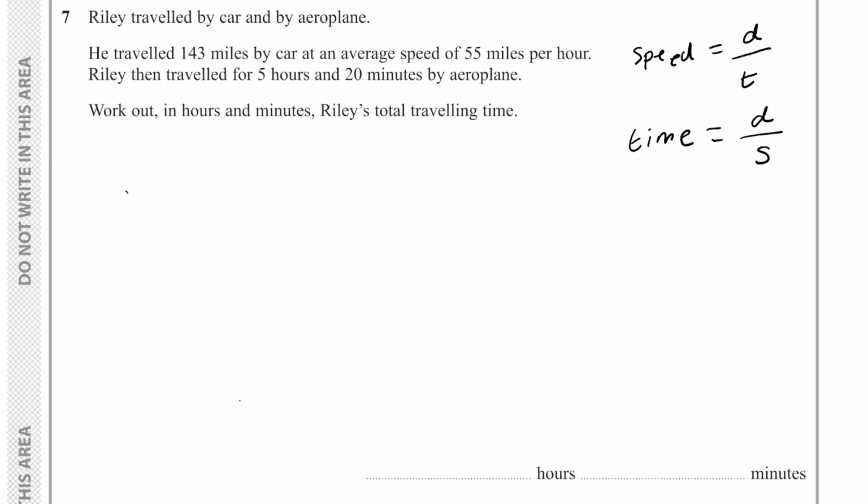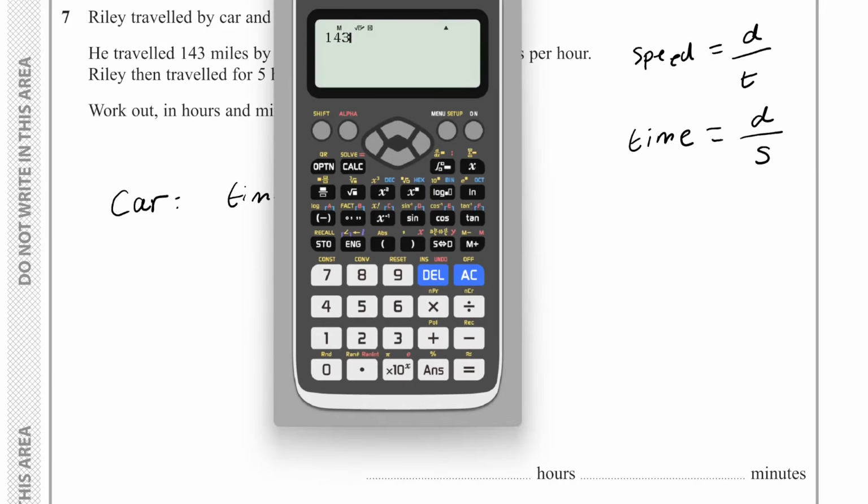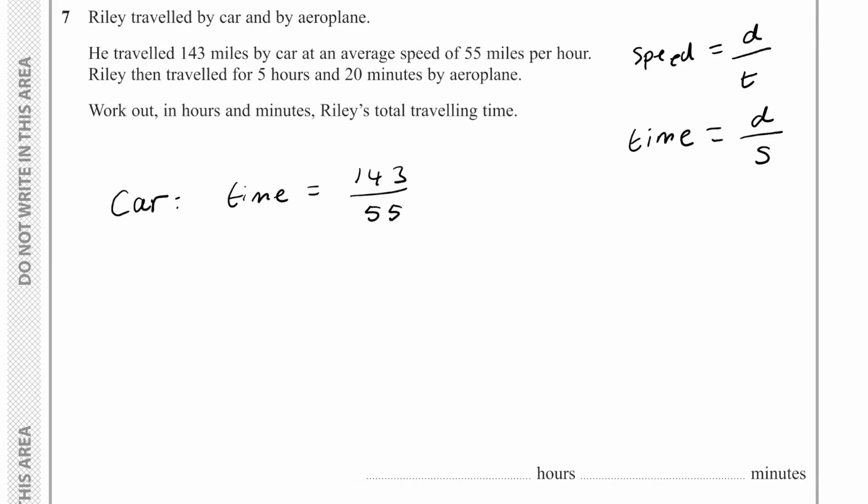So in the car, the distance was 143 and the speed was 55 miles per hour. So 143 divided by 55 is 2.6. So that's 2.6 hours.